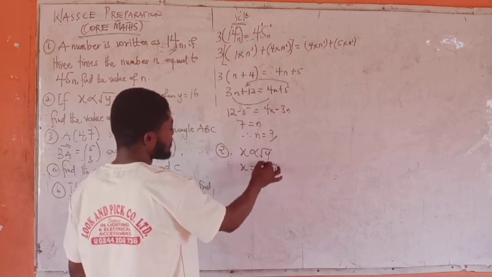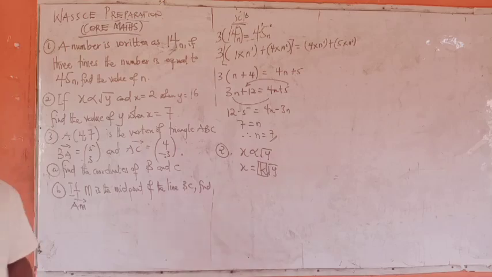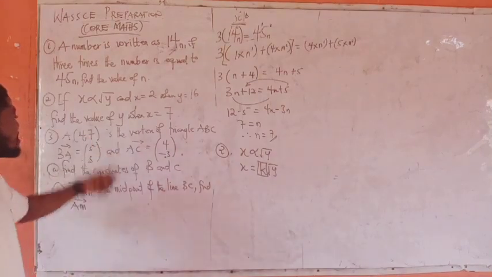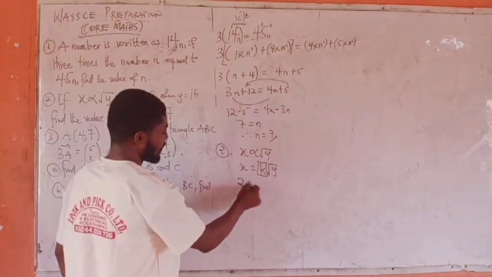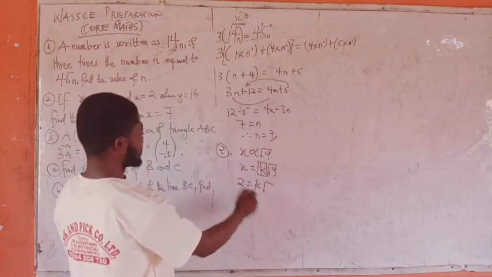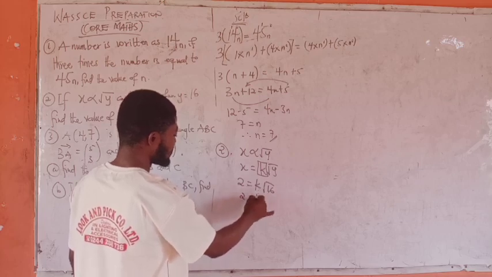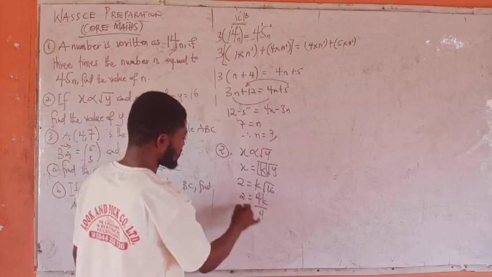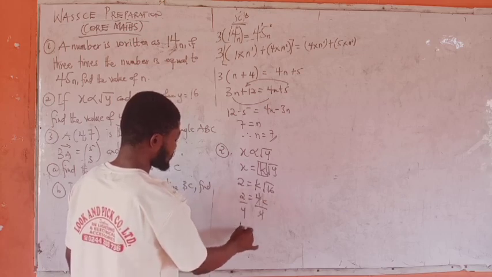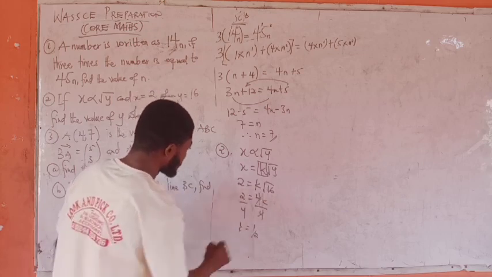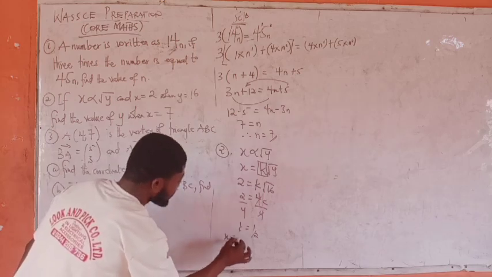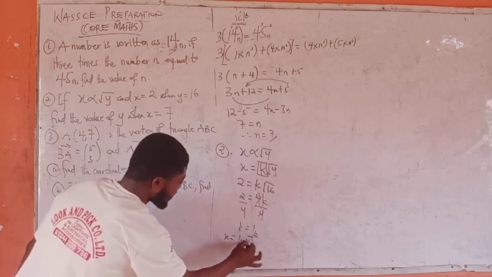We have introduced a constant of proportionality which we are yet to find. When x is 2, y is 16. So 2 is equal to k times root 16, which is 4k, so k is equal to 1 over 2. So x is equal to half root y.